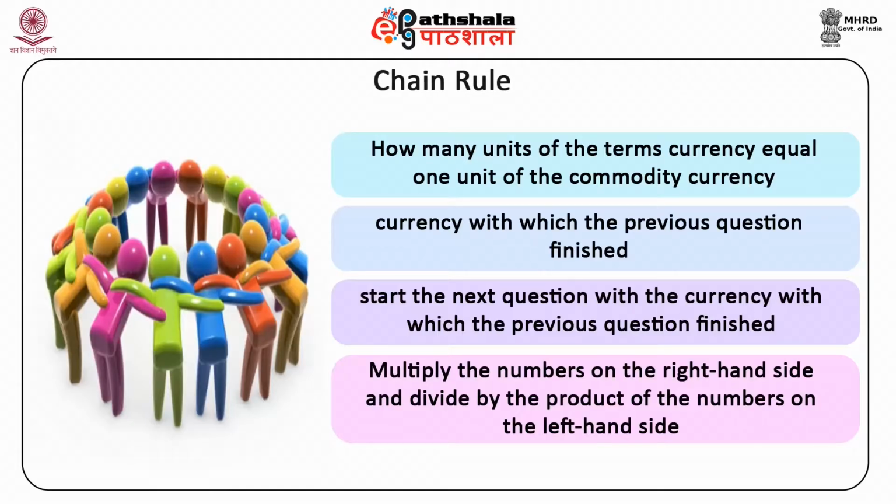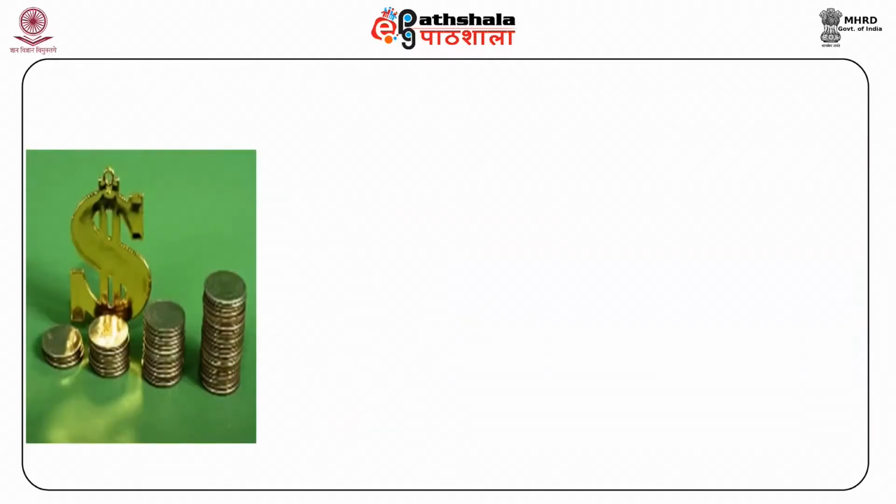Therefore, 1 Australian dollar is equal to 1 times 0.5420 times 1.2320 divided by 1 times 1 Swiss francs. That is, 1 Australian dollar is equal to 0.6677 Swiss francs.